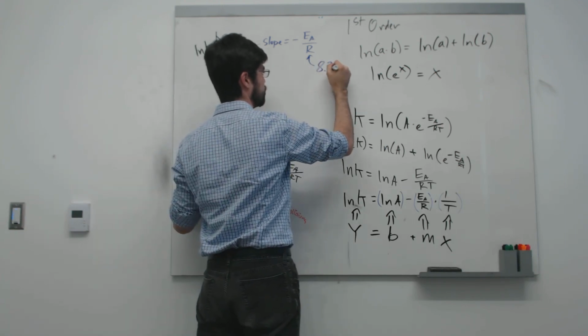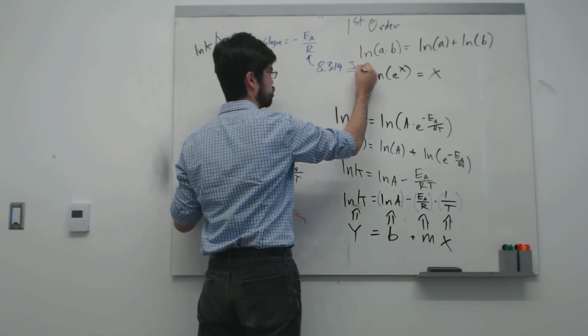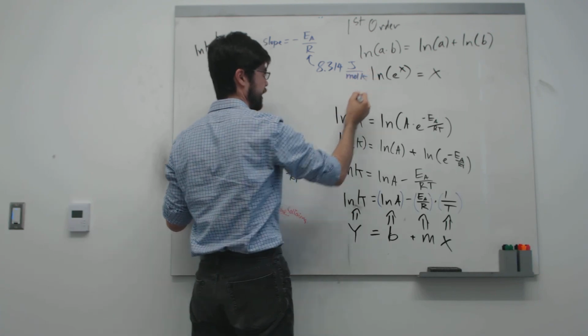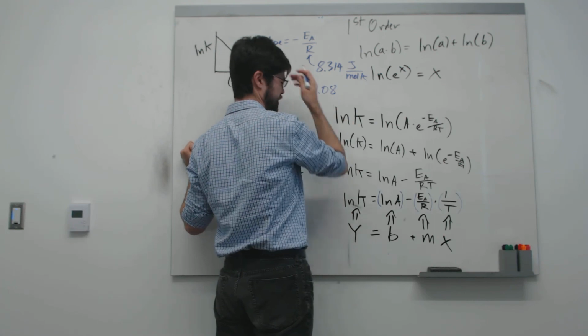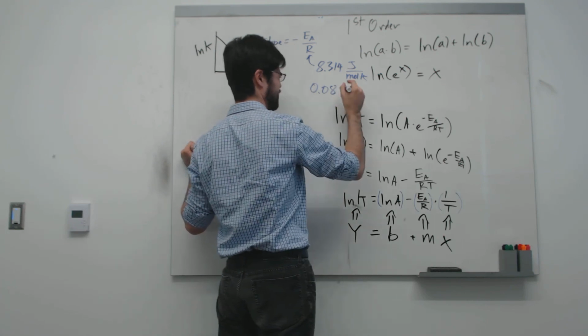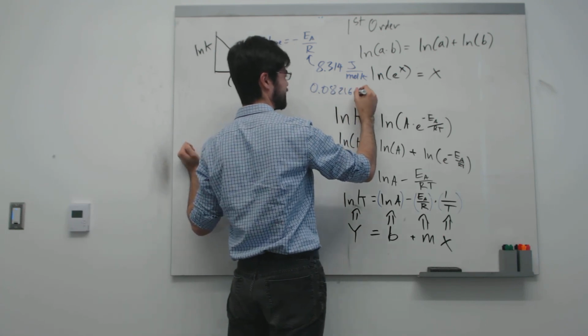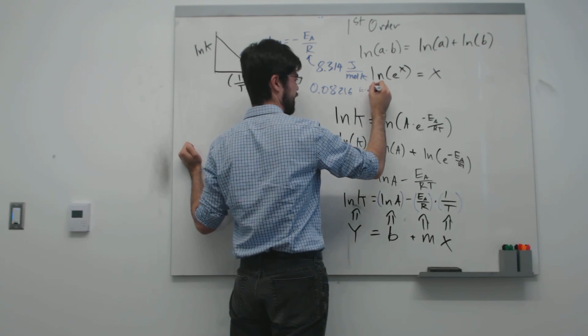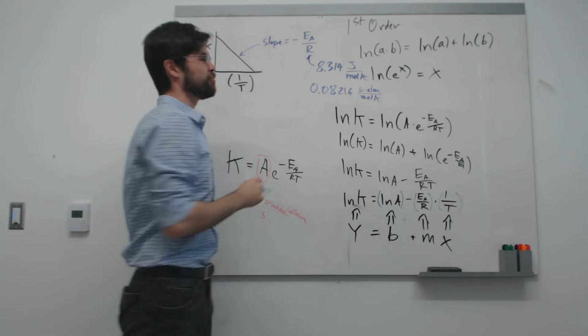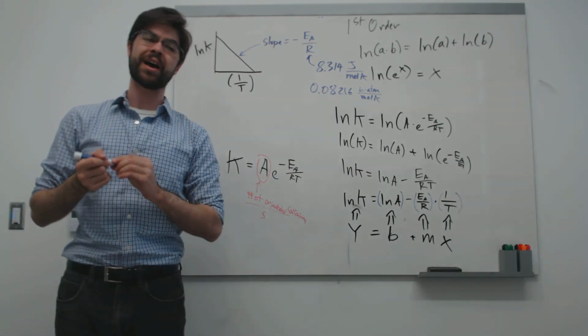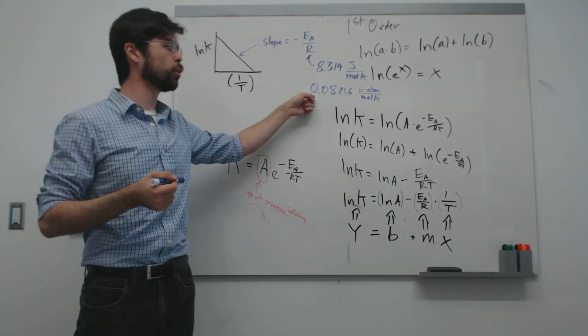I will recommend you use 8.314 joules per mole Kelvin. The other form that you may be more familiar with is 0.08206, I think, liters atmosphere per mole Kelvin. These two values are equivalent.